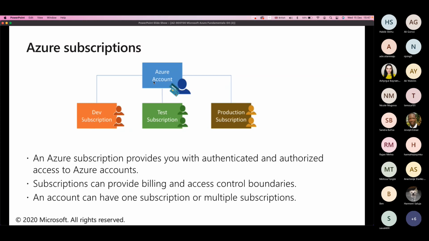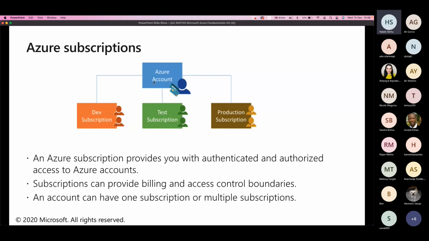So an Azure subscription provides you with authenticated and authorized access to Azure accounts. Now, after we've talked about security, I know you will realize the importance of these two aspects.